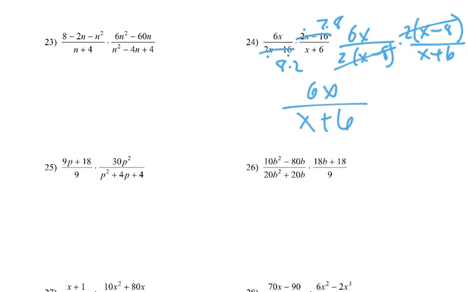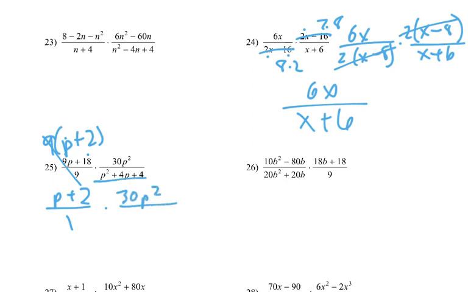Okay, 29, a 9 and an 18. I can pull a 9 out of that and get p plus 2. And then those 9s would cancel. And I'd have a p plus 2 over 1 times 30p squared over, and we factor that one.